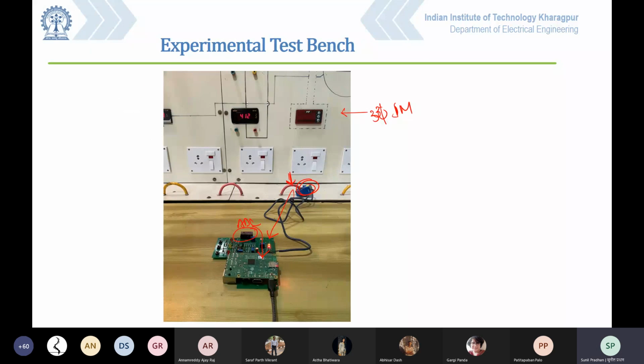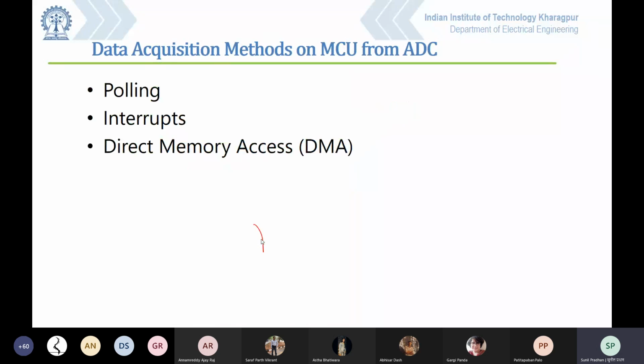To do all this, we have different methods to take data from the ADC to the microcontroller. We have three techniques: polling, interrupt, and direct memory access. A lot of people go with the polling method. Its advantage is that it is quite easy to implement. If you're going for rapid prototyping, the polling method is very good.